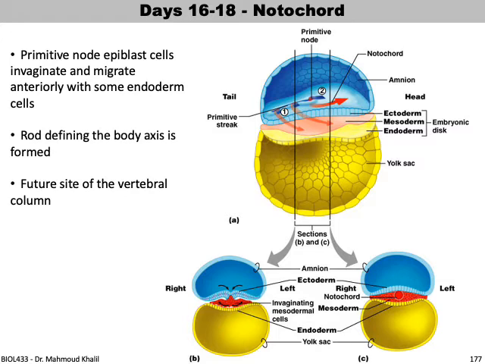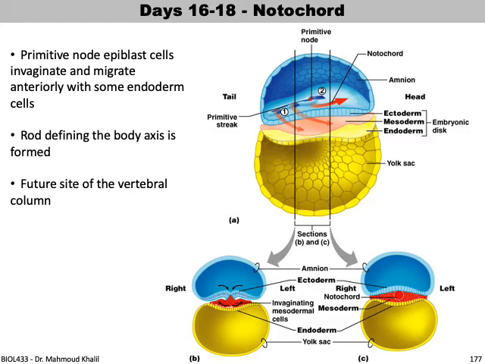The primitive node epiblast cells invaginate and migrate anteriorly with some endodermal cells. This rod, defining the body axis, is formed, which is the future site of the vertebral column. If you take these two sections, at the level of the primitive streak, you can see how the folds appear and how mesodermal cells invaginate between the epiblast and the hypoblast.